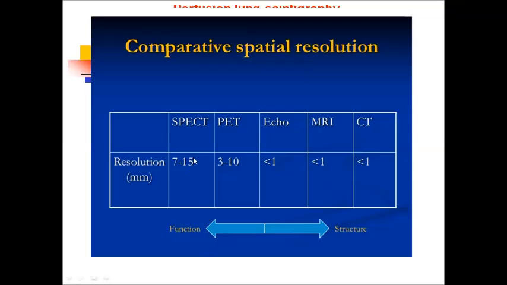On the contrary, single photon emission computed tomography or positron emission tomography can detect lesions of about 10 millimeters, which is much bigger than other modalities, but the advantage of nuclear medicine procedures is the possibility to evaluate function of organs, not structure, first of all function of myocardium.